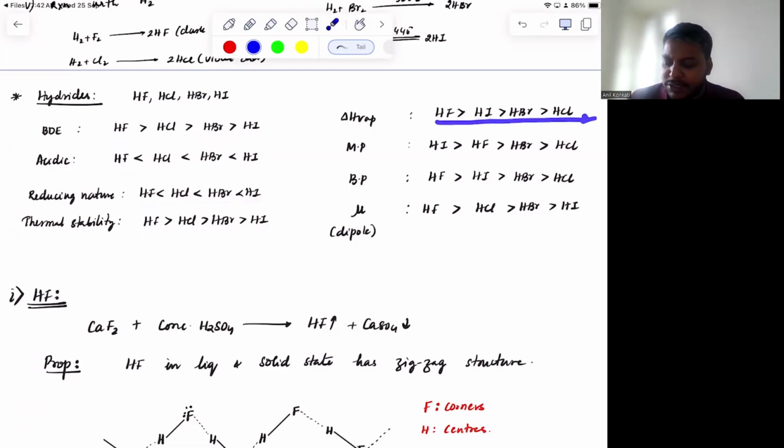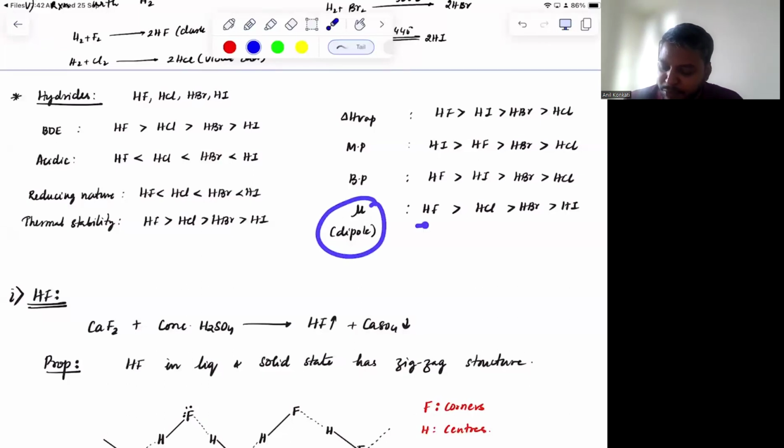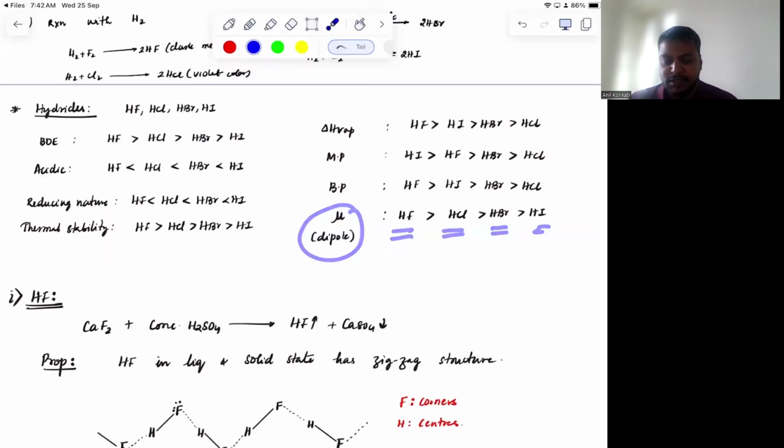Delta H of vaporization will be more for HF than HI, HBr, and HCl. Melting point will be more for HI, HF, HBr, and HCl. Boiling point will be HF greater than HI. And dipole moment will be more for HF, HCl, HBr, and HI. So please go through these terms once, everybody.